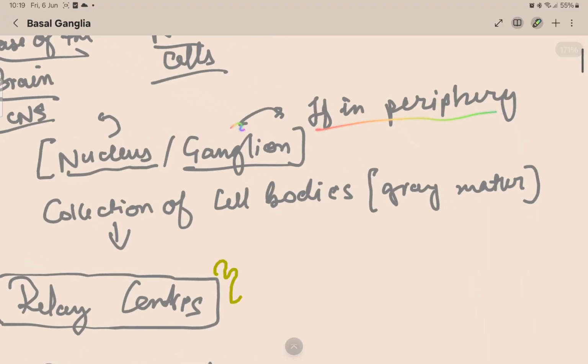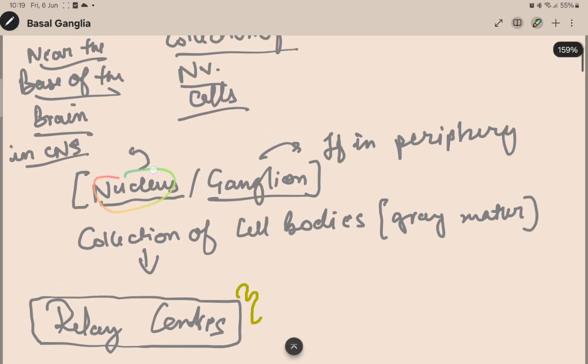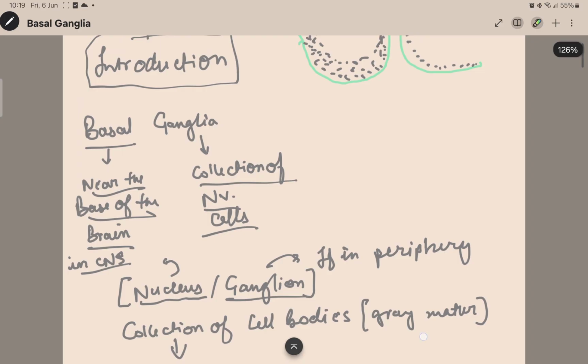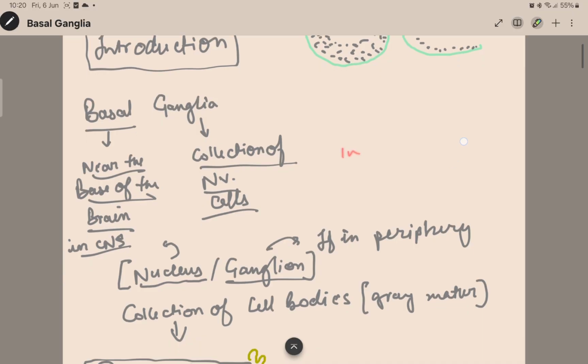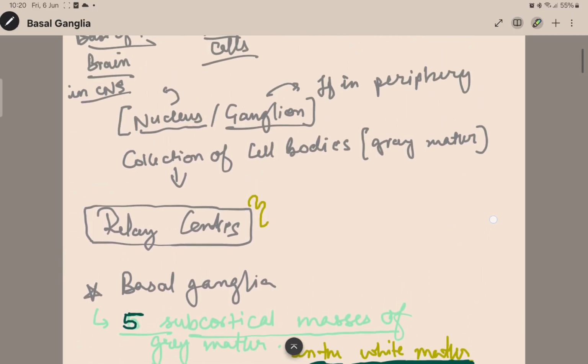In the periphery, ganglion is the collection of cell bodies, that is gray matter, and nucleus is the same thing in the CNS. So if we combine this, we get near the base of the brain there are some collections of nerve cells in the white matter.